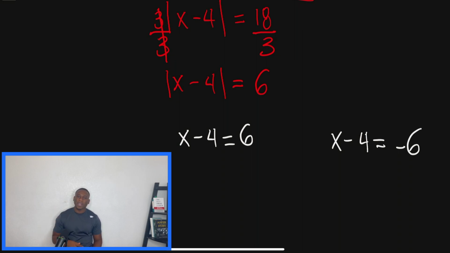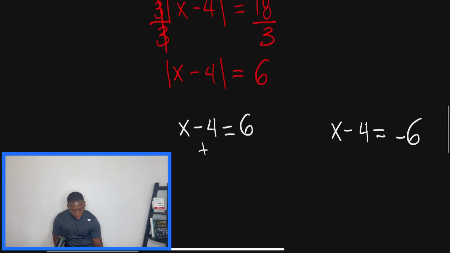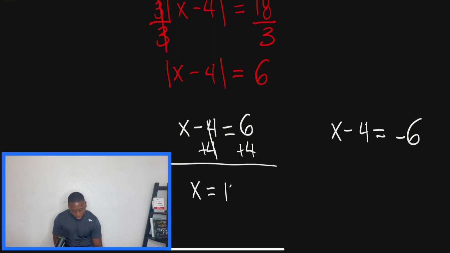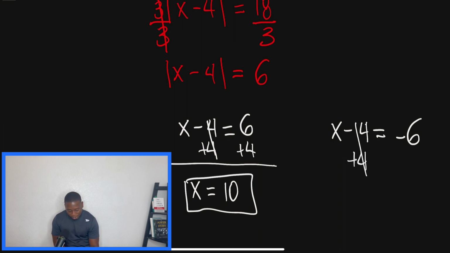And at this step right here, guys, it's just like solving a regular equation. So that means we're going to add 4. And understand, we could solve both of these at the same time, but for the purpose of the video, I'm just going to do one at a time. So we got our first answer, x is equal to 10. And then we go on to the second problem, and we're going to do the same exact thing.